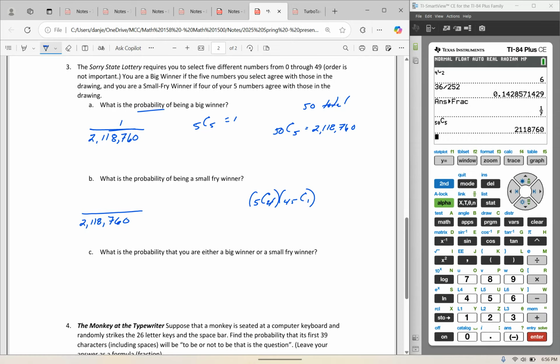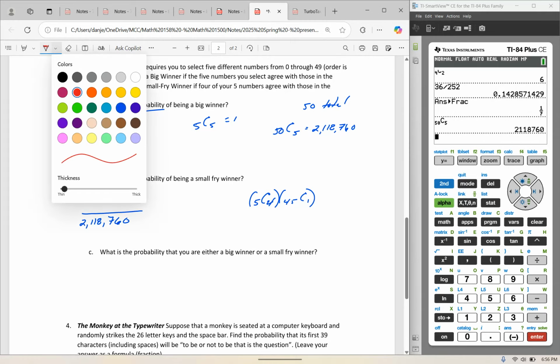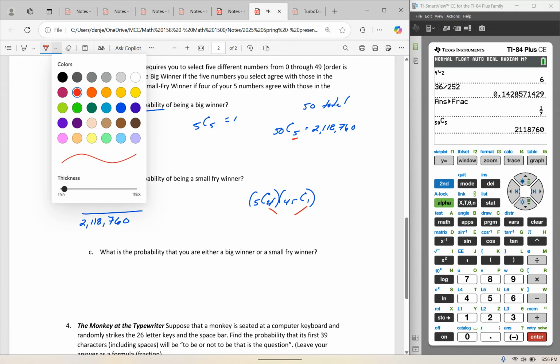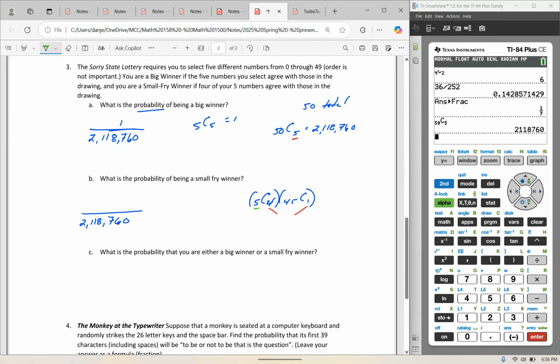So of the 5 numbers, you chose 4 correct numbers, 1 wrong number. Again, notice, and I showed this to you in an earlier problem, that 4 plus 1 is 5, the total number of correct numbers. And then 5 plus 45 is 50, the total number of numbers selected.